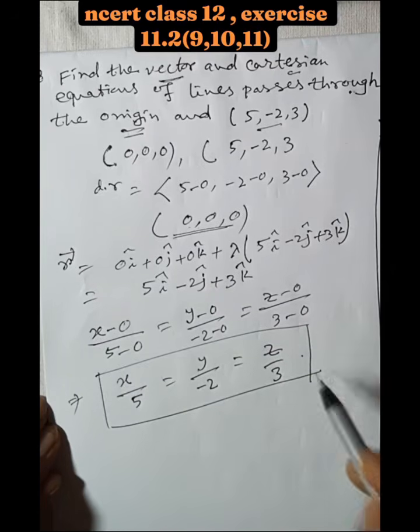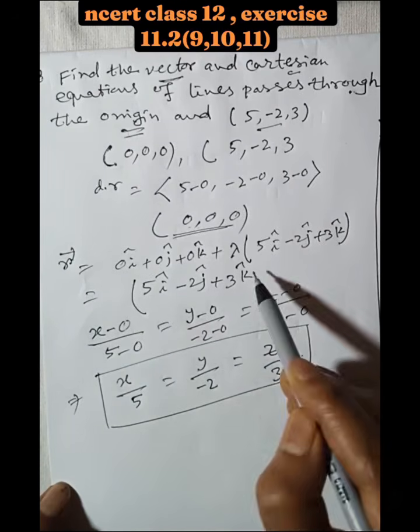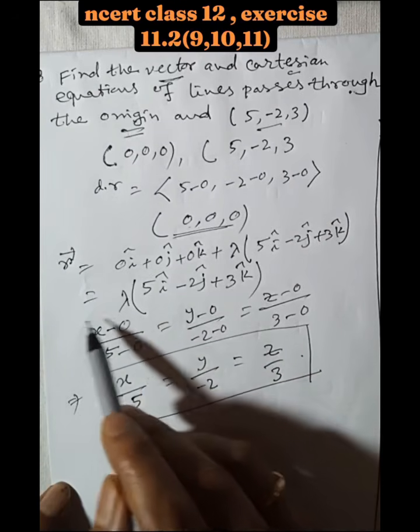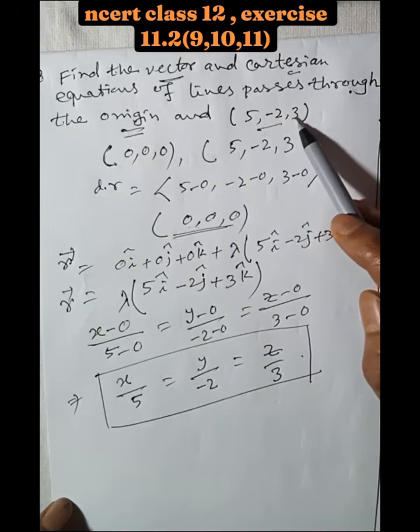This is the Cartesian equation of a line, and this is the vector equation of the line which passes through the origin and (5, -2, 3).